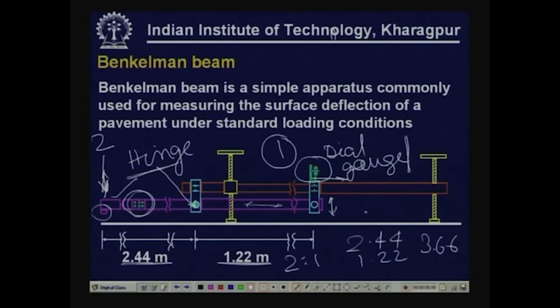So, this beam is supported by a support frame with one rear leg. There is one leg here and there are two front legs here. With the help of these three legs, the support frame will be supported, and the beam will be supported with the help of this arrangement here, and it is hinged about this location.